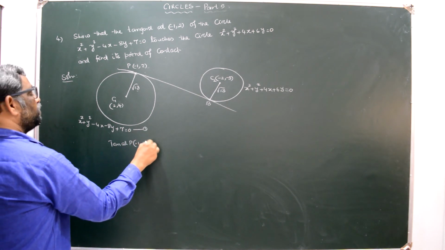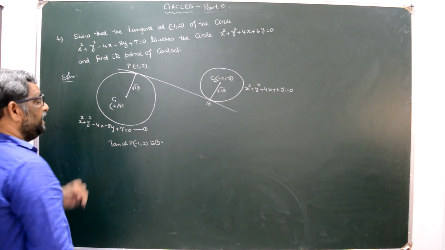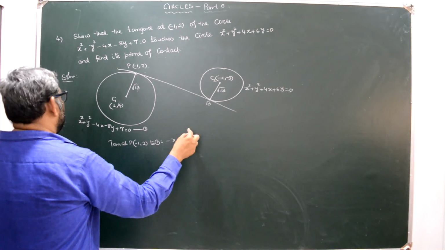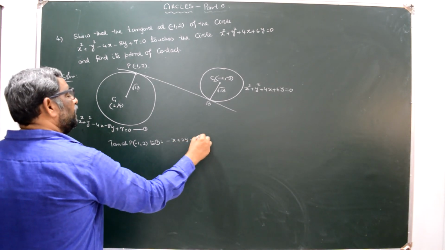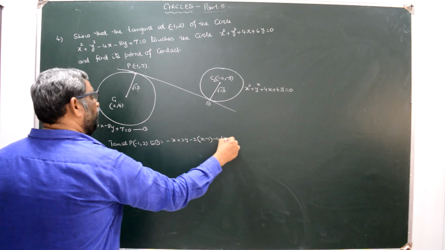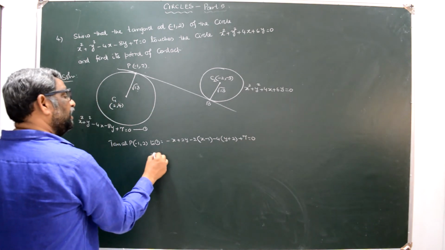S1 equal 0. S1 means xx1 plus yy1 plus g into x plus x1 plus f into y plus y1 plus c is equal to 0.